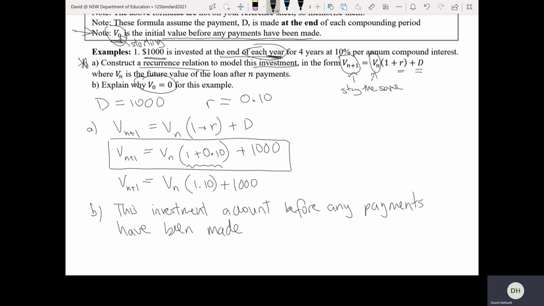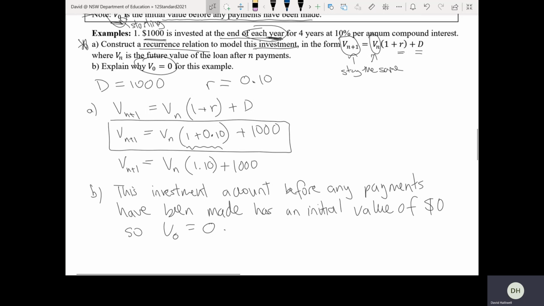This investment account before any payments have been made has an initial value of $0. So V0 is equal to 0. Basically this question was just getting you to explain that you knew that V0 is the initial amount of the account before any of those regular payments have been made.